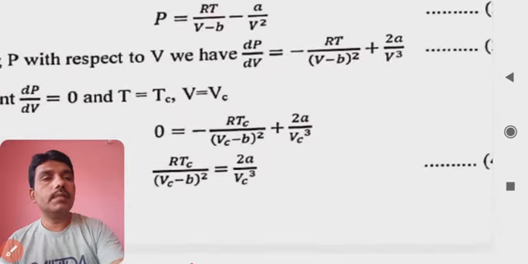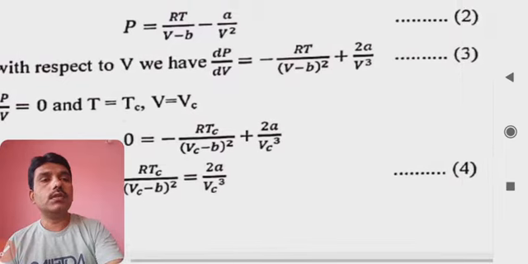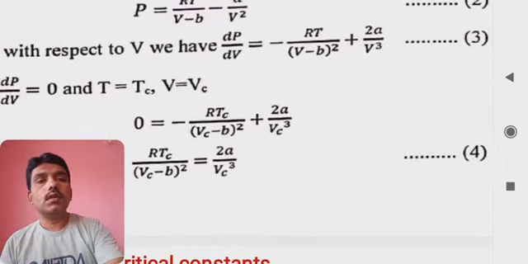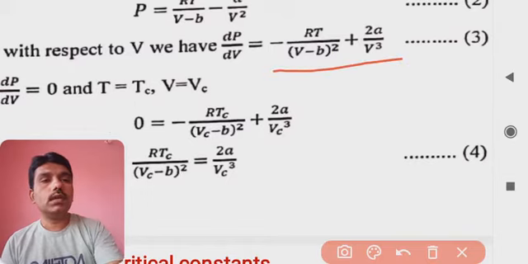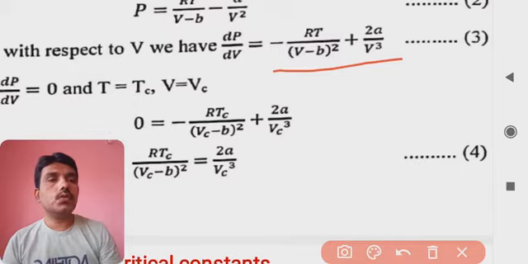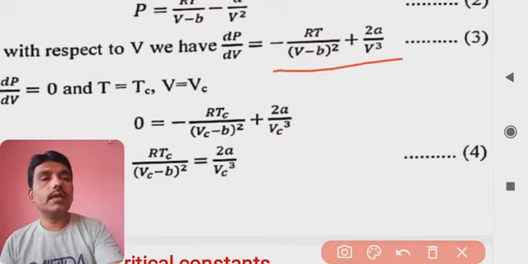For the critical temperature it is Tc, and for the critical volume it is Vc, with suffix C. So this relationship will become minus RTc divided by (Vc minus b) whole square plus 2a divided by Vc cube.